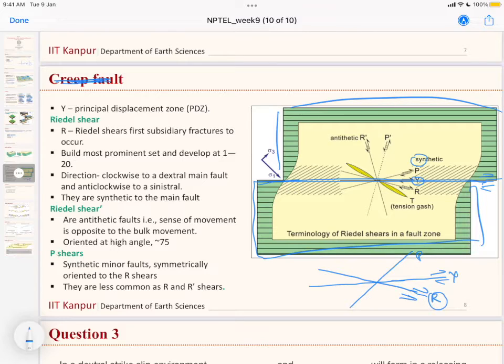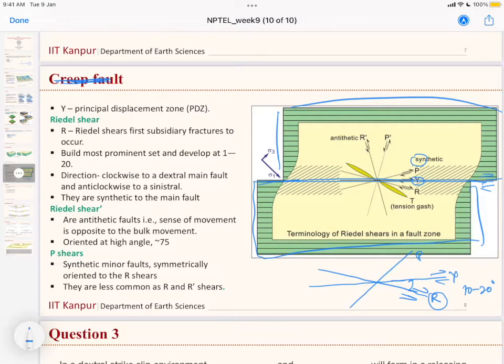Now if we talk in terms of angles, we will measure the angle with respect to the main displacement zone. The angle between Y and this R would in general be around 10 to 20 degrees.